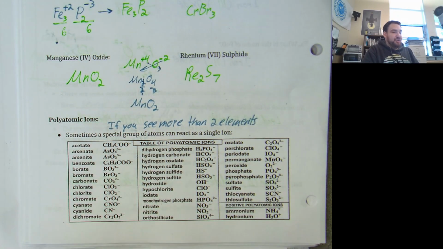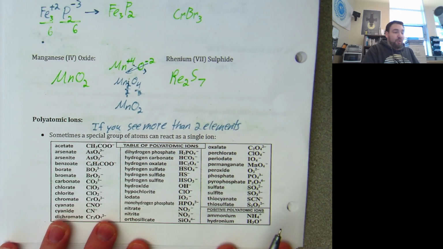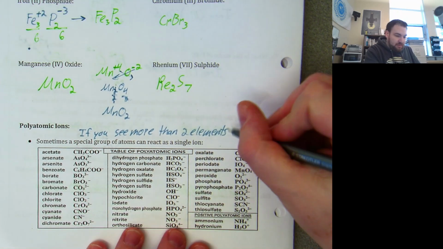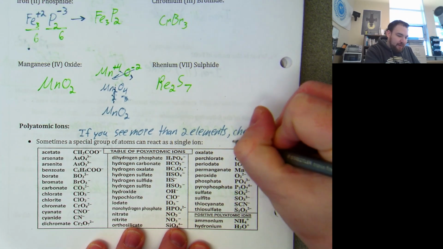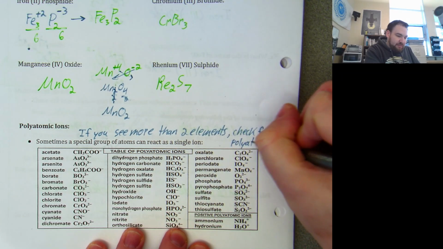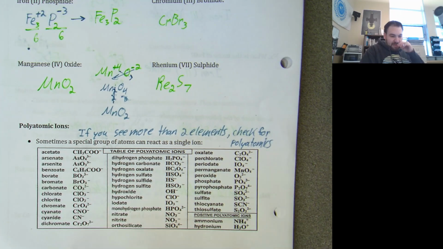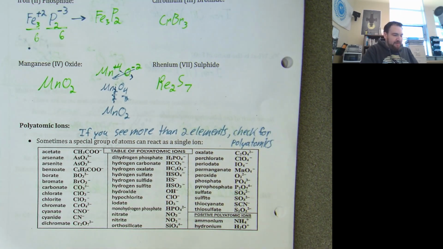You're just balancing the charge on 2 elements. If you see more than 2 elements, check for polyatomics, always. And you're going to see there are different names that show up for these things.